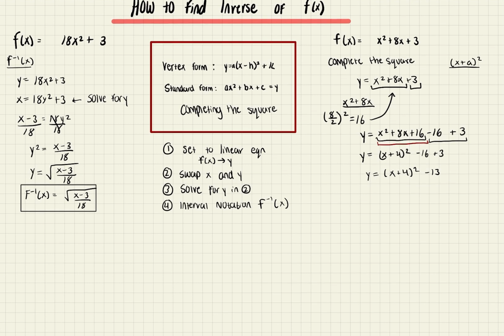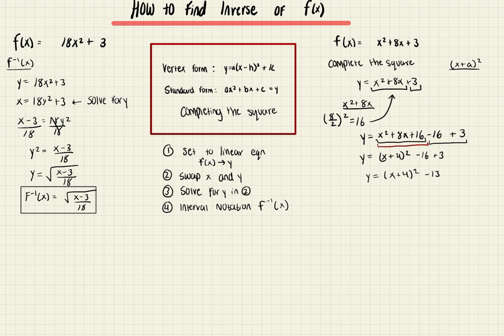So let's go ahead and find the inverse. Step 1 is already done for us, so I'm going to swap the x and the y. And I'm going to solve for y. So x plus 13 is equal to y plus 4 squared.